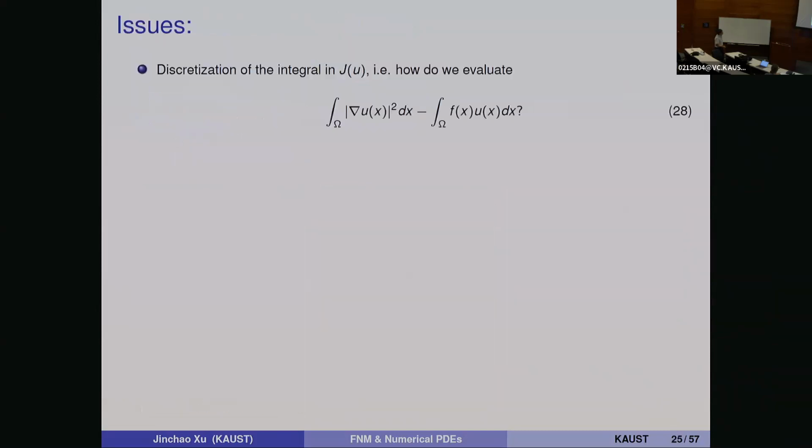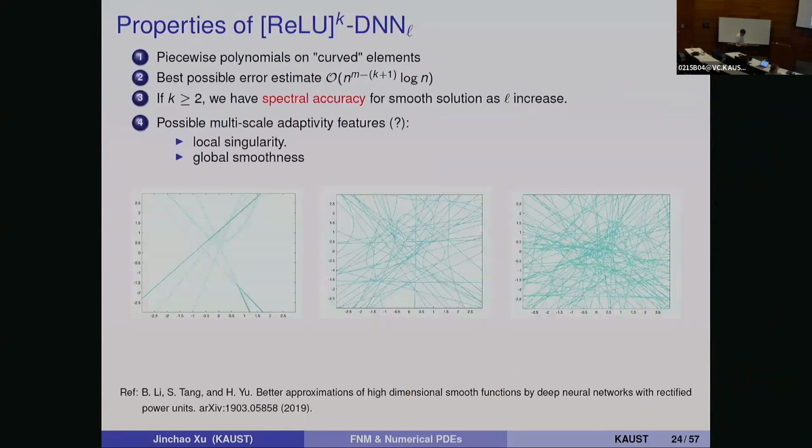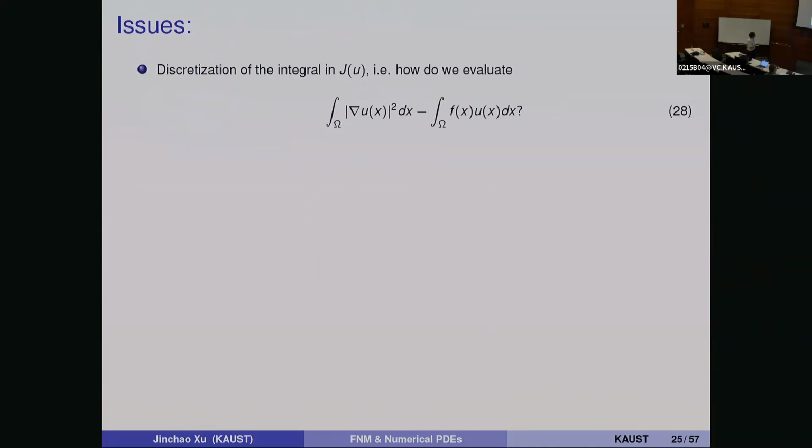But the whole story here is that there are many kinds of issues. Let me talk about 2 issues in the rest of the talk. Number one is how do you do the numerical quadrature? You want to minimize this, sorry, it should be a half there, this what I call a loss function. You can think about the loss function as an expectation.